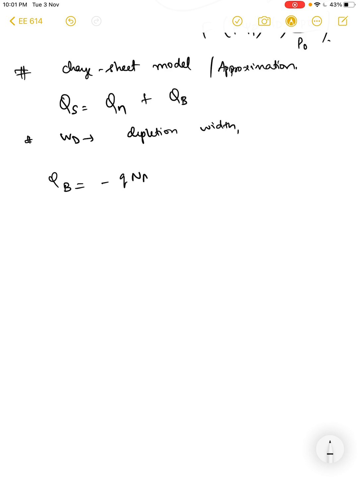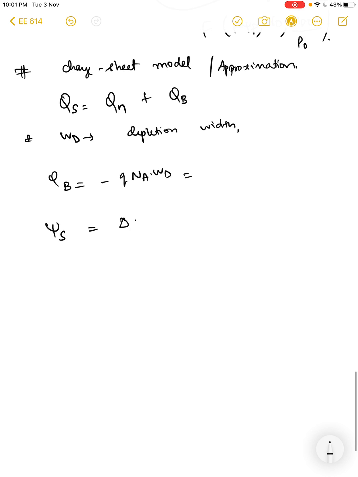It is QNA Wd, where the surface potential at any point is written as delta psi I of x plus 2 psi b. Remember, 2 psi b is the potential that you have to apply to invert the channel, right?